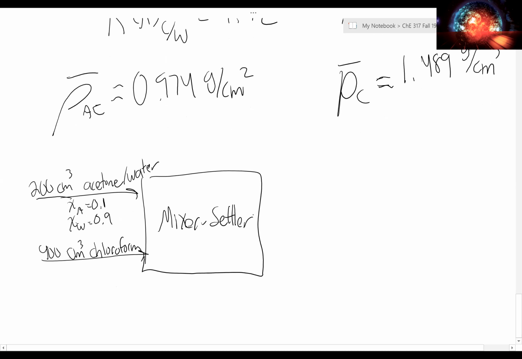I'm going to put it in this process. I'm going to call it a mixer-settler because that's what a lot of liquid extraction systems use. It's a system that mixes the two liquids really well together, and then it's sufficiently large that an equilibrium is achieved on the outlet. And so then I have my water-rich phase and my chloroform phase.